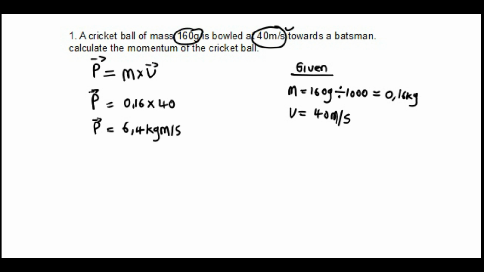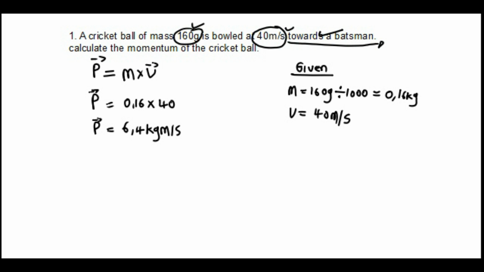But momentum is a vector, and a vector is a quantity with both magnitude and direction. We have the magnitude now, we need the direction. Where do we get our direction? I go back to my question: a cricket ball of mass 160 grams is bowled at 40 meters per second towards a batsman. So the initial direction was towards a batsman, and there was no change in direction of the velocity.